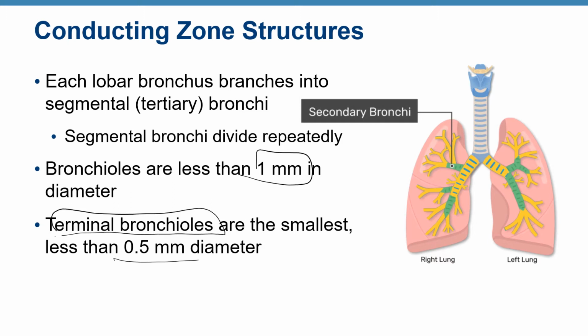So if you look at this diagram again, that's our primary, right and left. Then shown in green our secondary, so 3 on the right and 2 on the left. And everything shown here in yellow is our tertiary bronchi.